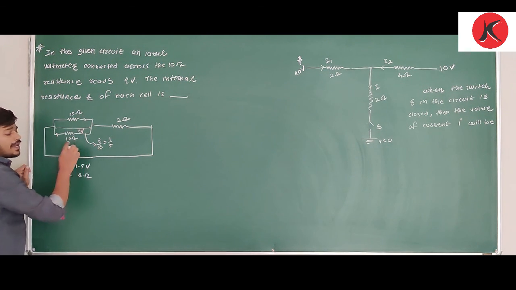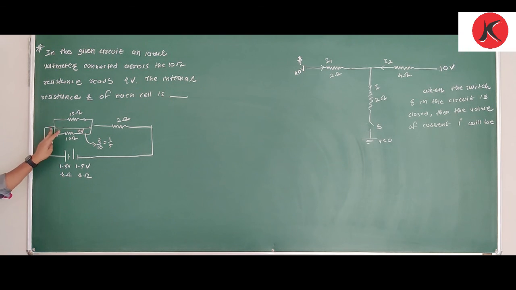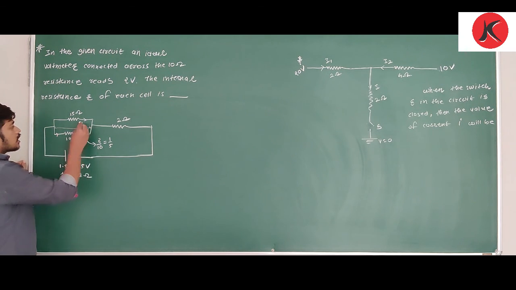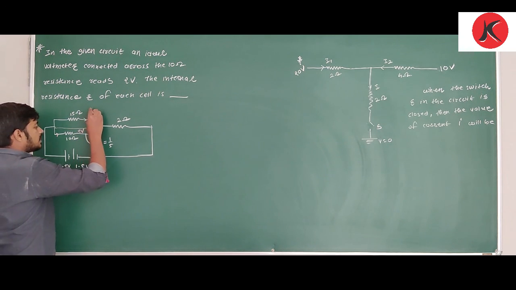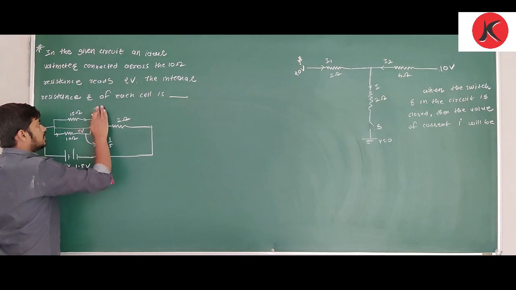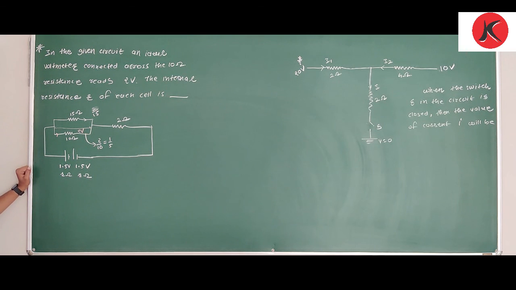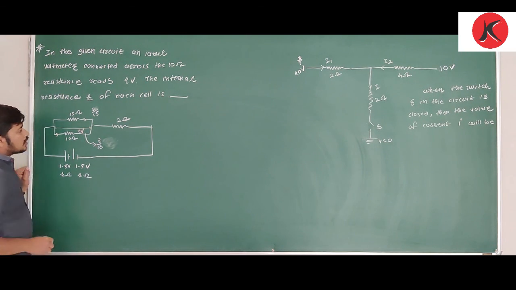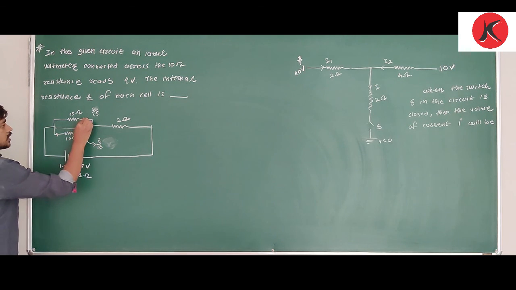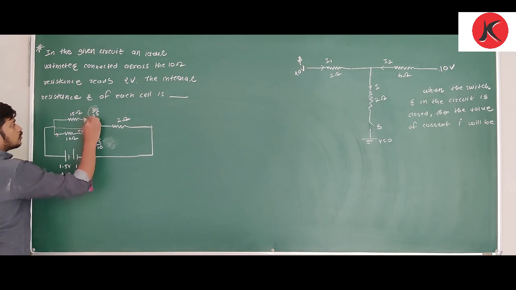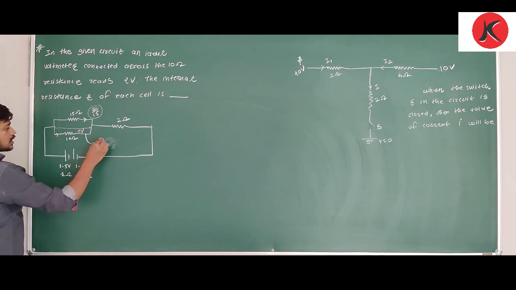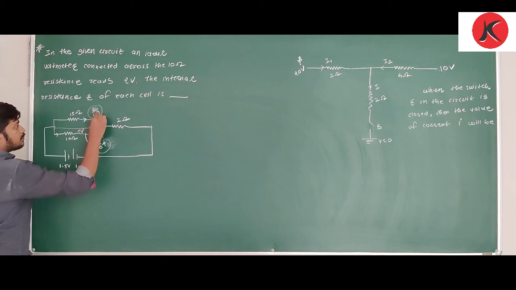As the 15 ohm and 10 ohm are in parallel connection, the potential difference across them is the same. So the current flowing through this is 2 by 15. Keep it, 2 by 10. So in this branch the current flowing is 2 by 15, and in this branch the current flowing is 2 by 10 ampere.